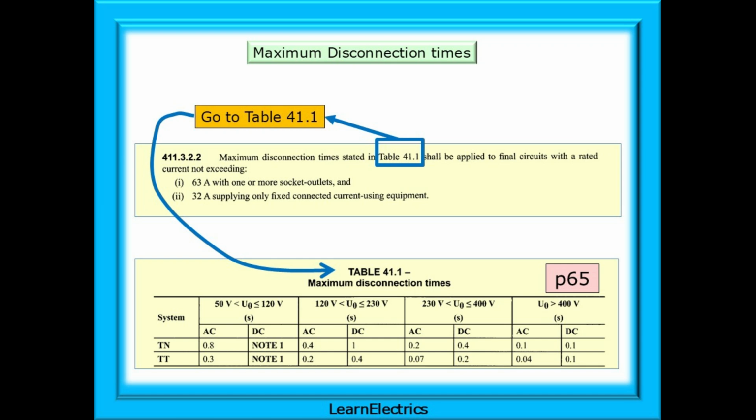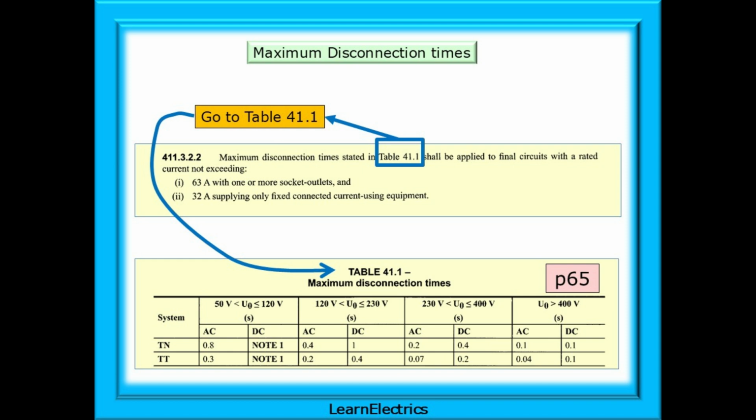The table shows us the maximum disconnection times for certain circuits with certain voltage ranges. TN is shorthand for TN-C-S circuits and for TN-S circuits. TT is just TT circuits. Be careful, our nominal voltage of 230 volts AC falls into the range of 120 volts to 230 volts.